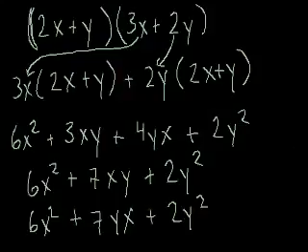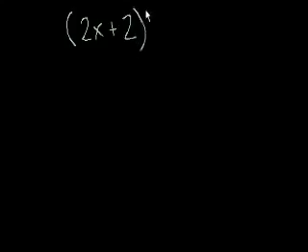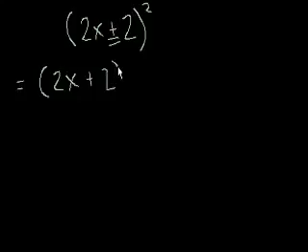Let's do one more real fast. Let's do 2x plus 2 squared. Well, you might be tempted to just square each of these terms, but you've got to be careful because you have this x here. So it actually turns out that this is equal to 2x plus 2 times 2x plus 2, right?